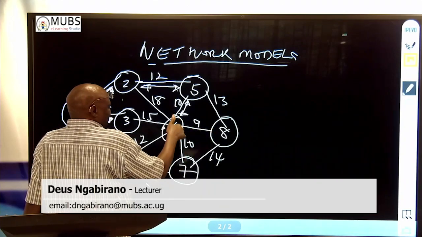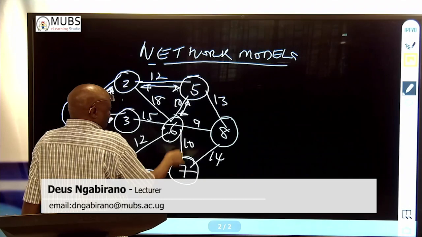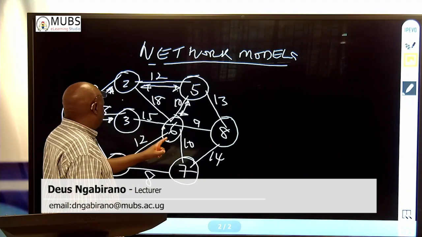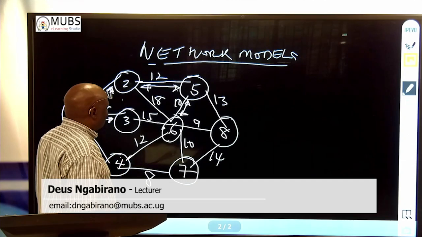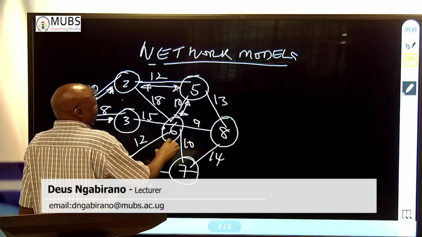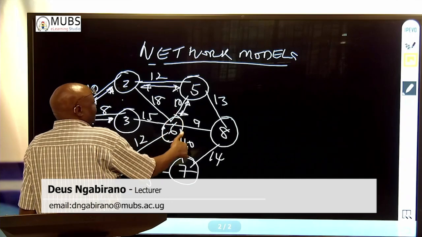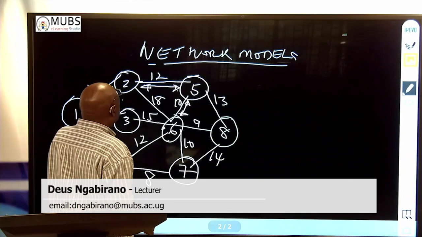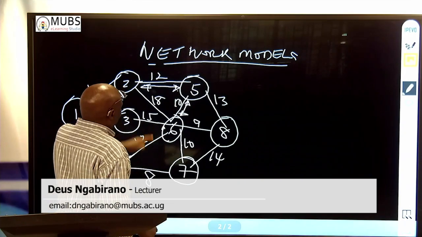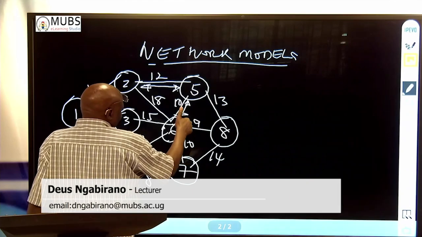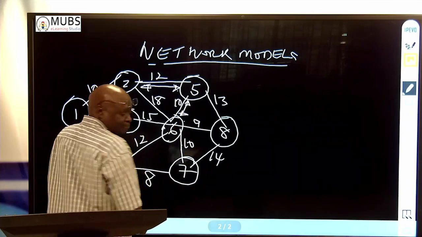If we connect 6 to 7, it will give us a cost of 10. If we connect 6 to 4, it will give us a cost of 12. Among all of these, the cheapest would be 10, which is connecting 6 to 7.